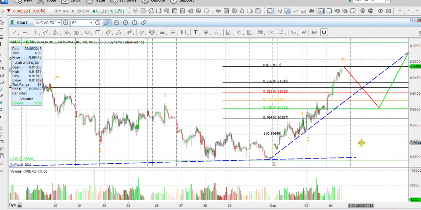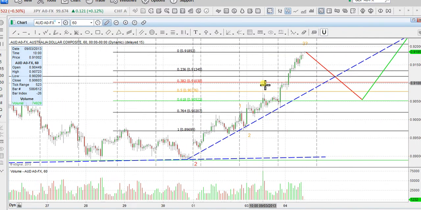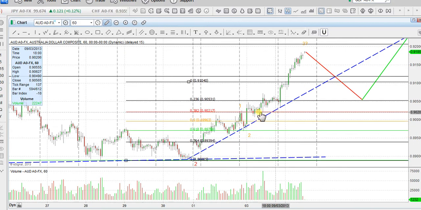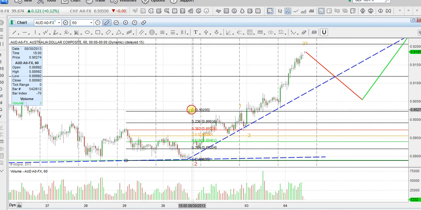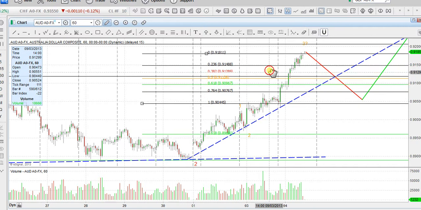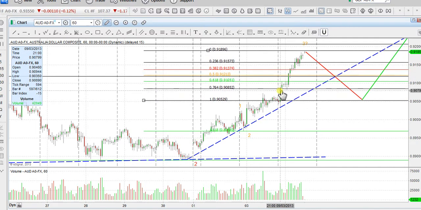So now as we take a closer look at these subwaves for wave 3, we see that we got that wave 1, and then wave 2 was a 38.2% correction. And then we also saw that wave 3 was the extended wave, extended by 161.8%.